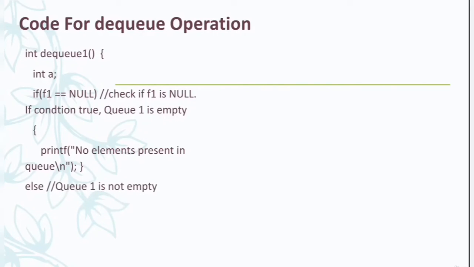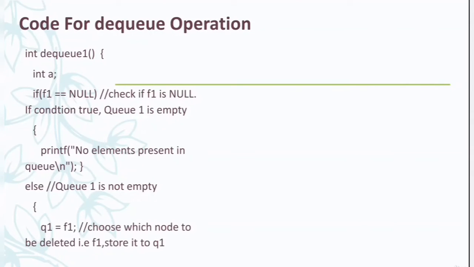Else, if the queue is not empty, then we have to make Q1 equal to F1. That is, we have to choose which node is to be deleted. That is, F1 is stored in Q1. First we have to check which node we want to delete and then we have to store it in Q1.